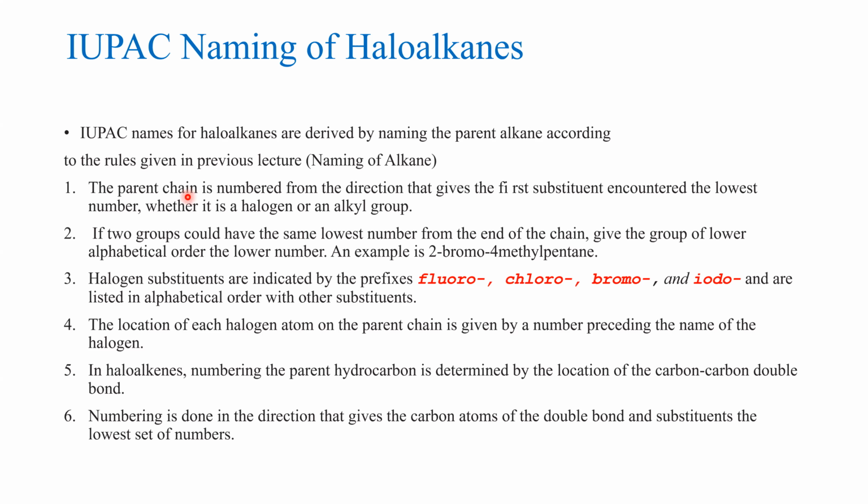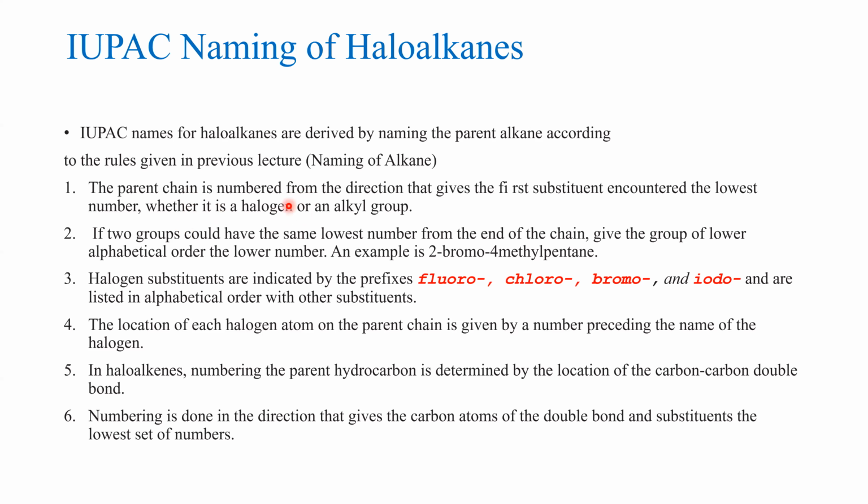So the first thing is the parent chain, which is the longest chain, and it has the alkyl group if no other functional group is attached. Currently we are only focusing on compounds which have only the halogen as a substitution, or otherwise they may have single, double or triple bonds, or maybe the aromatic one.